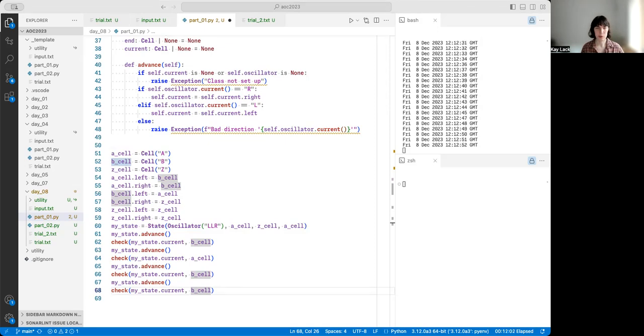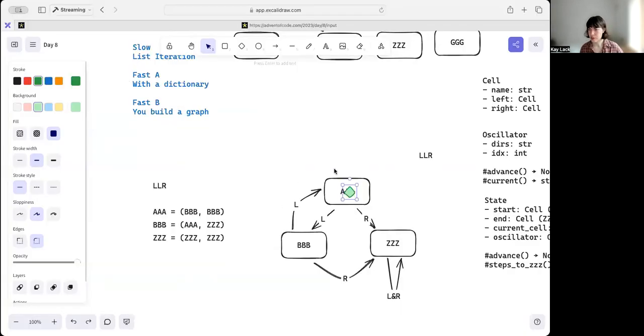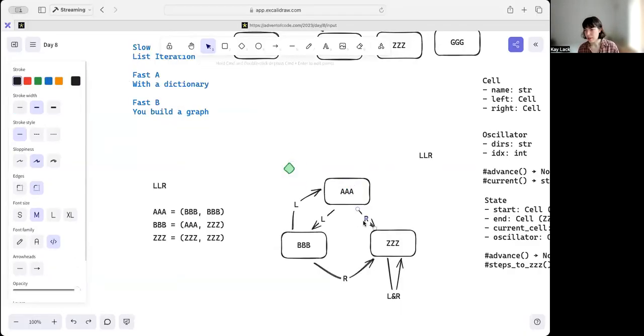Yeah, I've got this. Let me switch back to my diagram. I've got my diagram wrong. All right, so this is wrong. So A actually goes to B, both goes to B. B, left goes to A, right goes to Z. Fine.